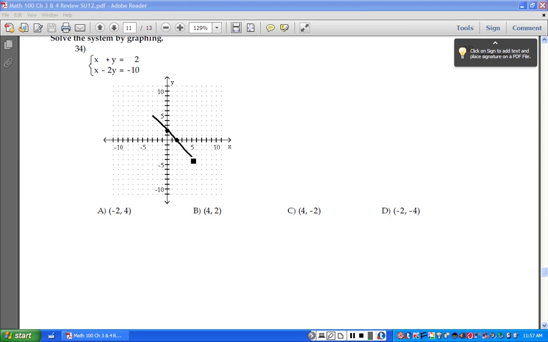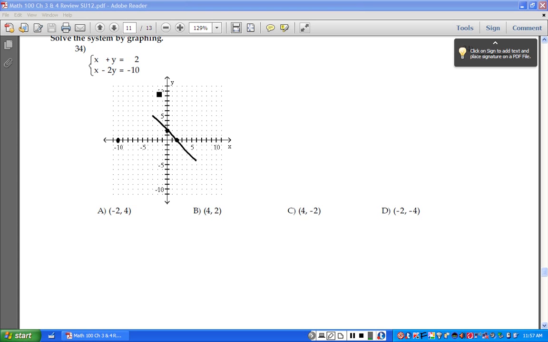Alright, and then my second equation, if I graphed it, based on graphing it using intercepts, I have x is a negative 10 for my x-intercept. So let's see. 1, 2, 3, 4, 5, 8, 9, 10. So a negative 10 would be here.